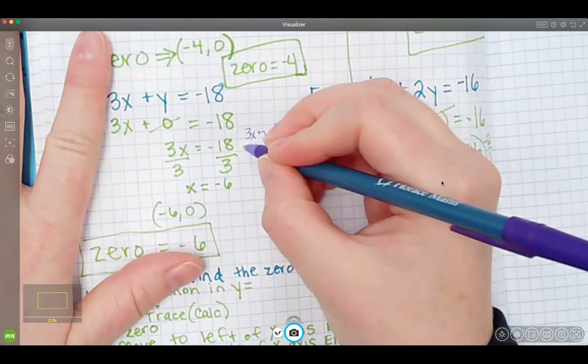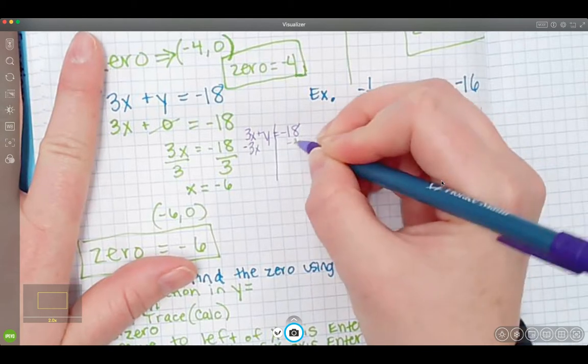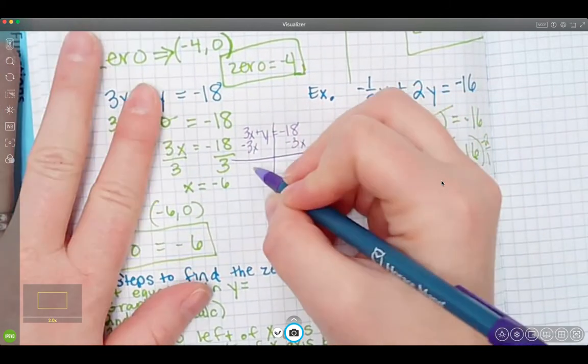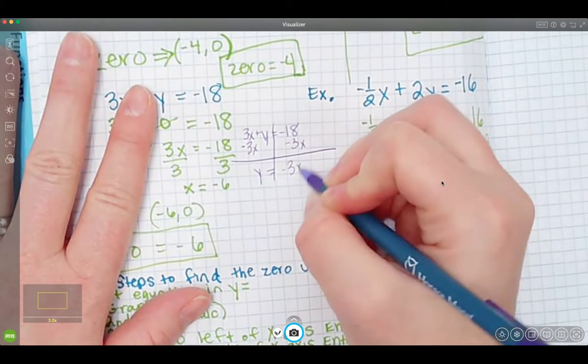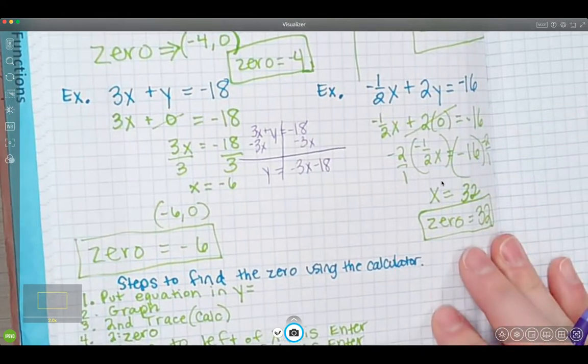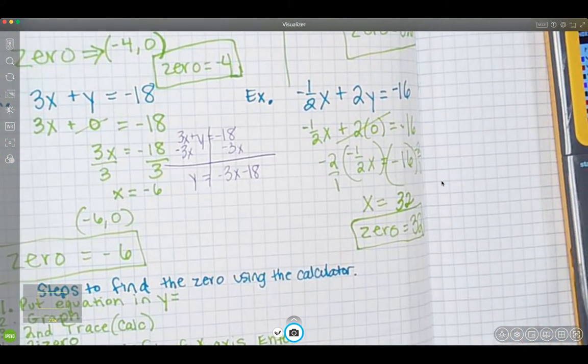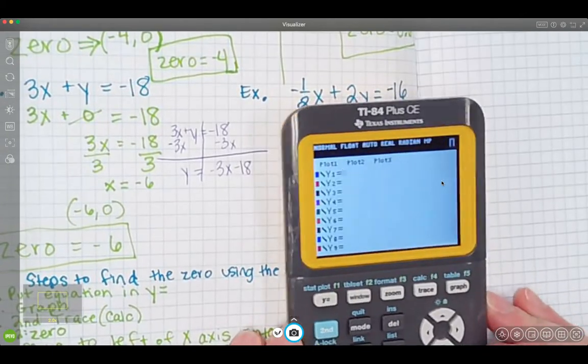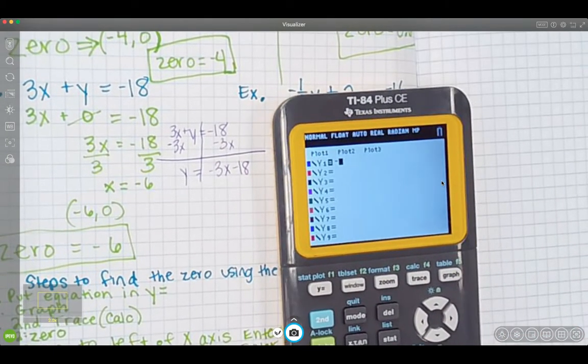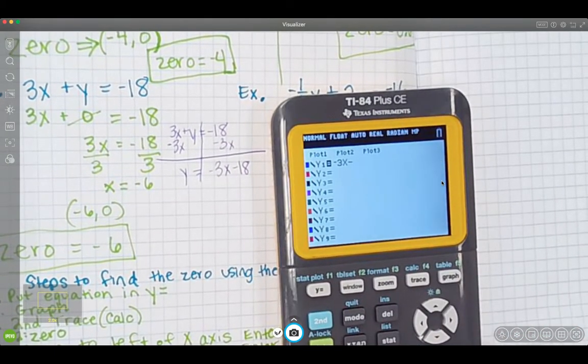So all I have to do is subtract the 3x on both sides. And I get y equals negative 3x minus 18. Okay, so let's do y equals negative 3x minus 18.